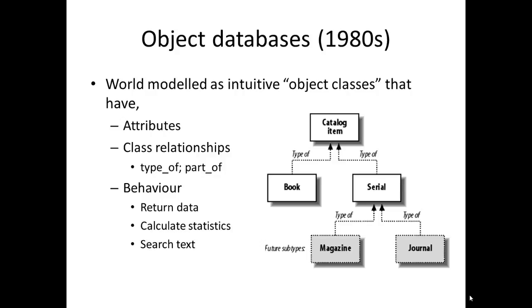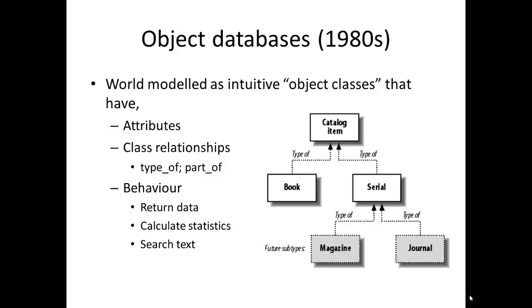People, cars, trees, water pipes, valves, all these things. And all these classes of things in the world have attributes. Well, we know what attributes are. The car is green. The car has 4 wheels. The car is a Ford or something like that.